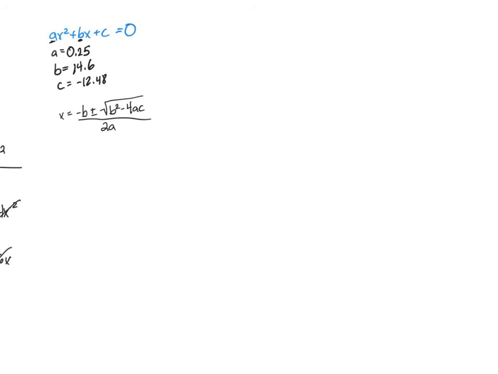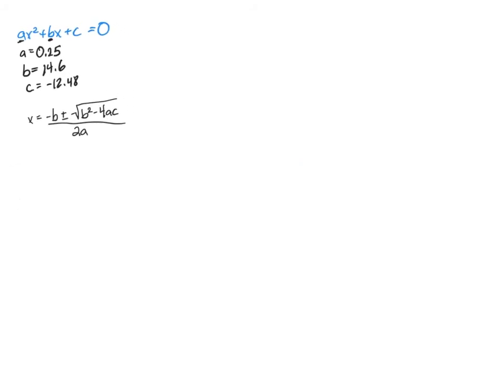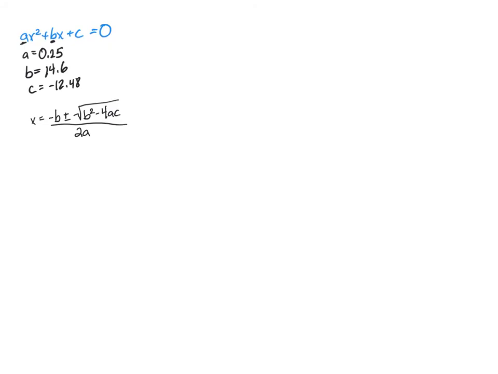Okay? Now what you'll notice here when you look at the quadratic formula is that we have a plus or minus. So that means x is going to have two possibilities. But the good thing is one of the possibilities for x will always be impossible. So we don't have to worry about trying to decide which one is the correct possibility, because one will always be impossible. So what I'm going to do is set up two instances here where we're solving for x. One is going to be using the addition function, and the other is going to be subtraction.